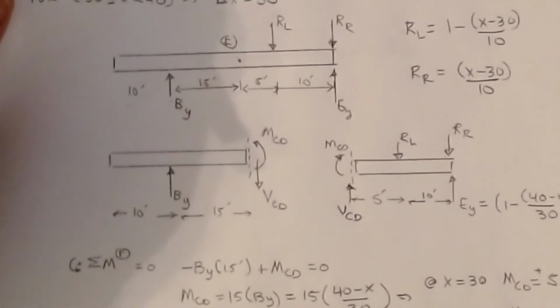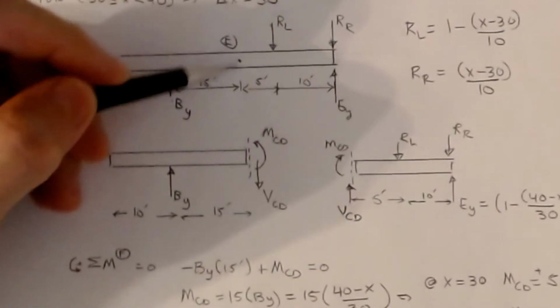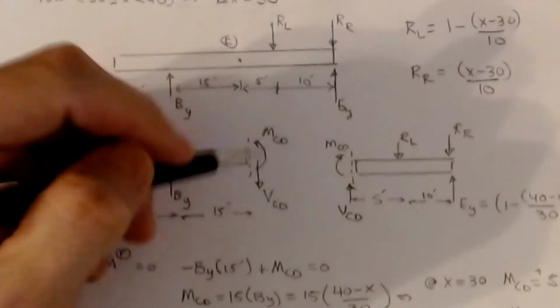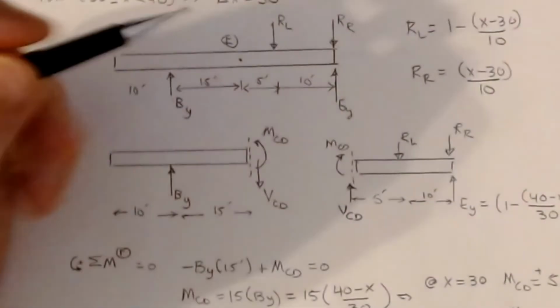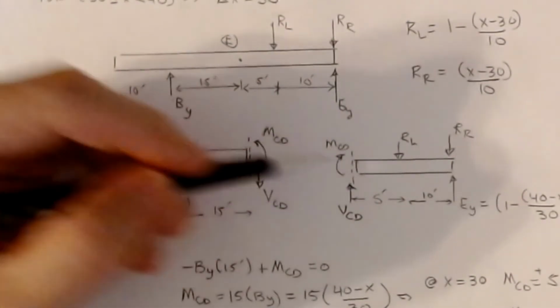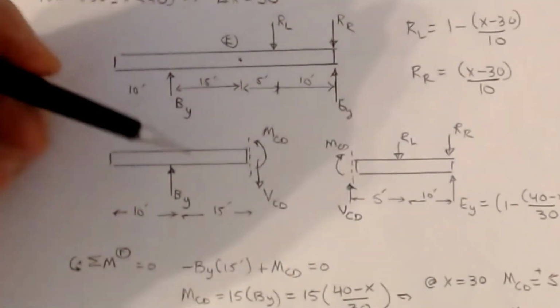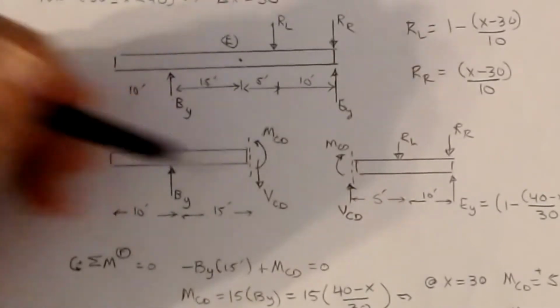Okay, so now same game, draw the free body diagram. I'm going to cut it at F, and so now there's no RL or RR on this piece because they've now moved both of them over to the other side. Okay, and so if we do that, we can come up with our equations accordingly. I'm going to argue that this one is simpler to solve, so we'll write our equations to this one.